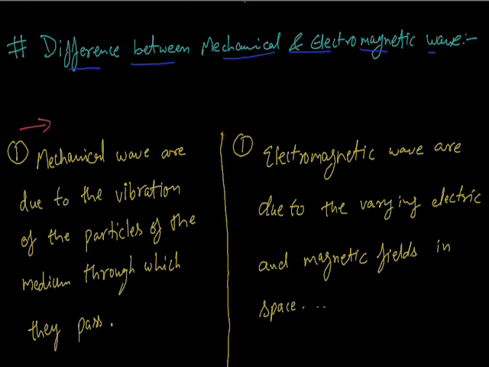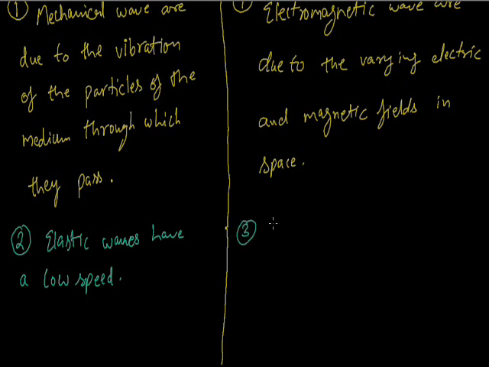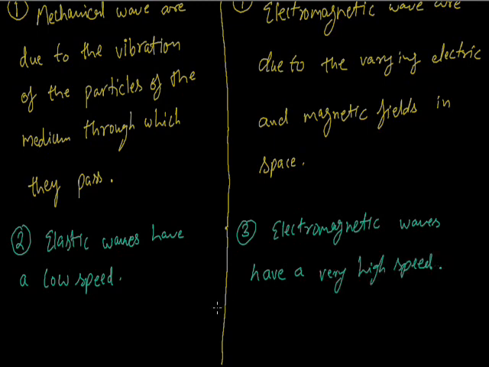This is the main difference. The next difference: elastic waves have a low speed. On the other hand, electromagnetic waves have a very high speed, approximately 3 × 10^8 meters per second in vacuum.